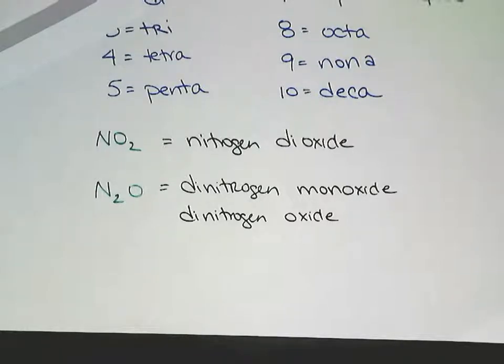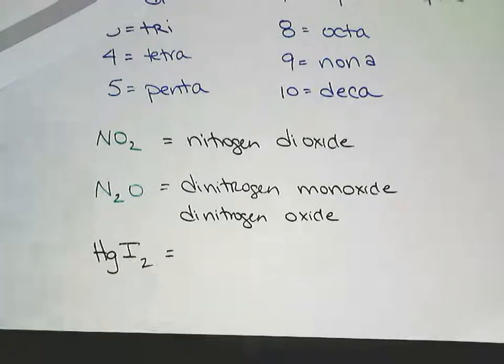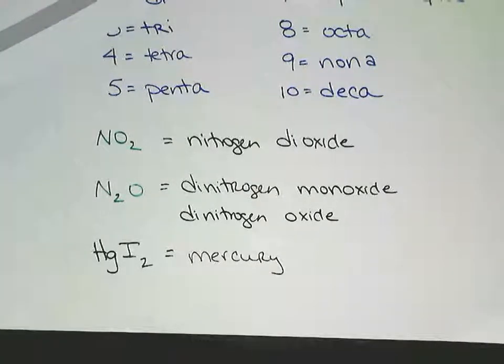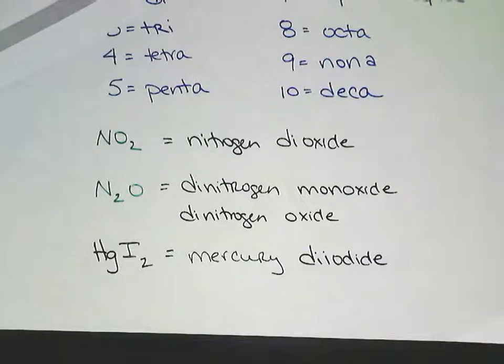But for instance, what if I had that guy? So Hg is what element? Mercury. So we call it mercury, and then I have two iodines. Diiodide. Wait, but that's spelled with what? This one is spelled with two I's.